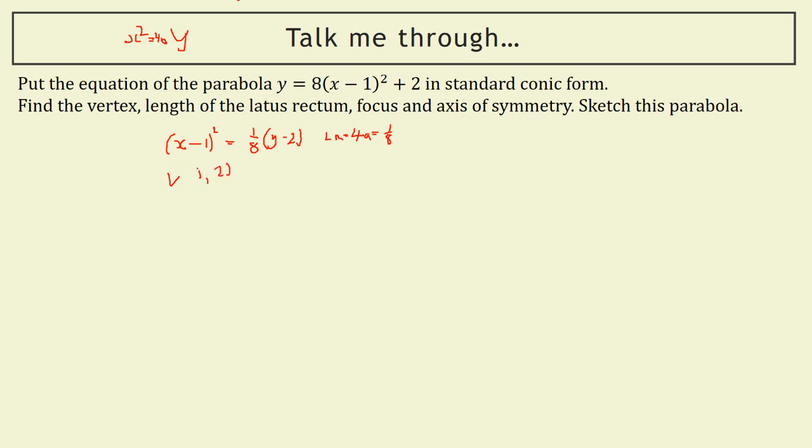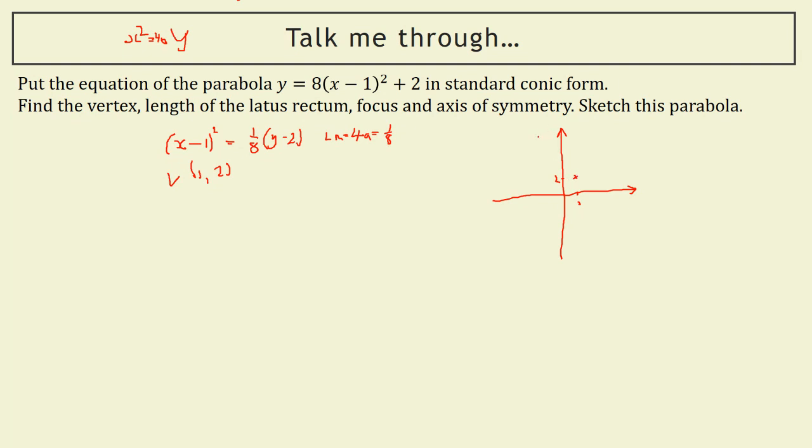Yep. We've got the length of the latus rectum. Where's the focus? Now, it might help to start sketching it at this point so you don't put it in the wrong place. So we've got the vertex at 1, 2. We know it's got symmetry.